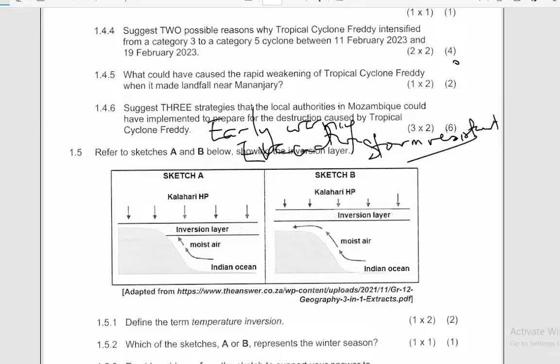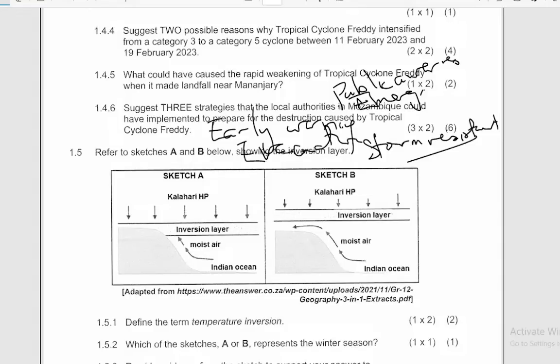Or we can also talk of emergency response. And also you can talk of public awareness and education. Let people know, give public awareness and education to the people so that they know what to do and what safety measures to take given the coming of the cyclone.